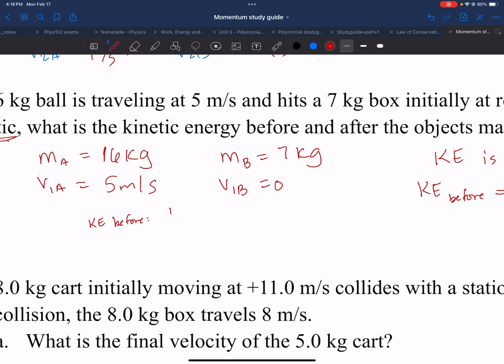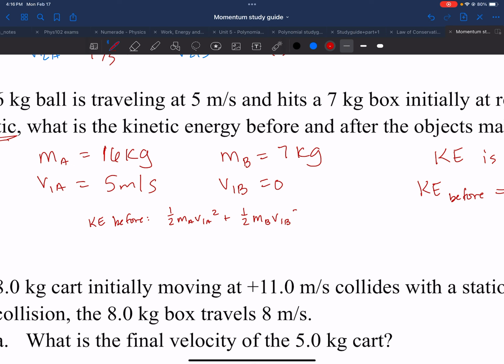And that would be 1/2 MA V1A squared plus 1/2 MB V1B squared. And we know that this is going to be 0 because I have a 0 velocity. So my KE before is just that value.